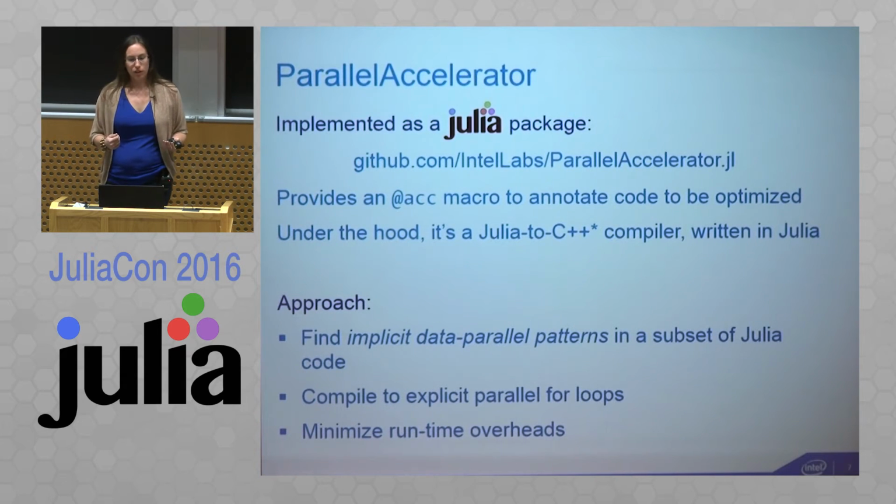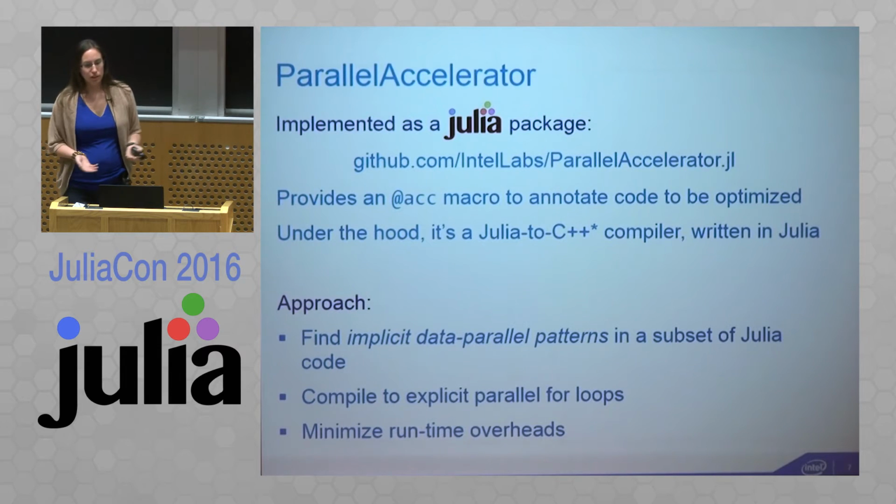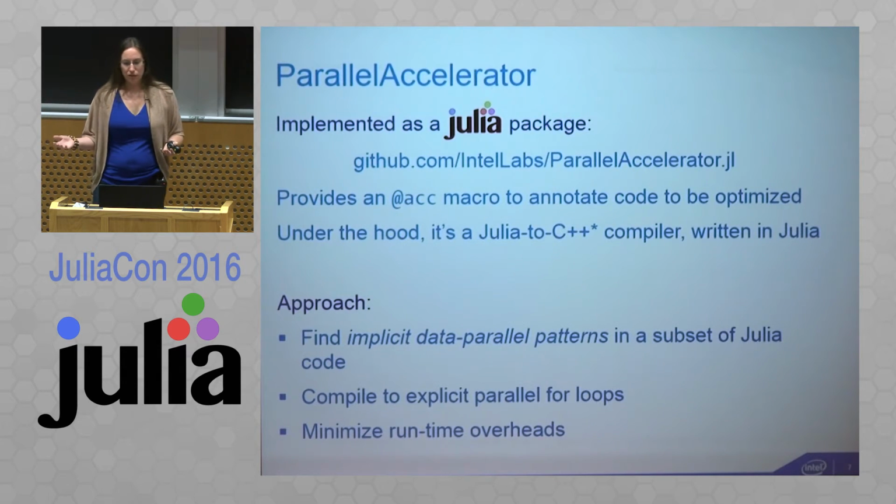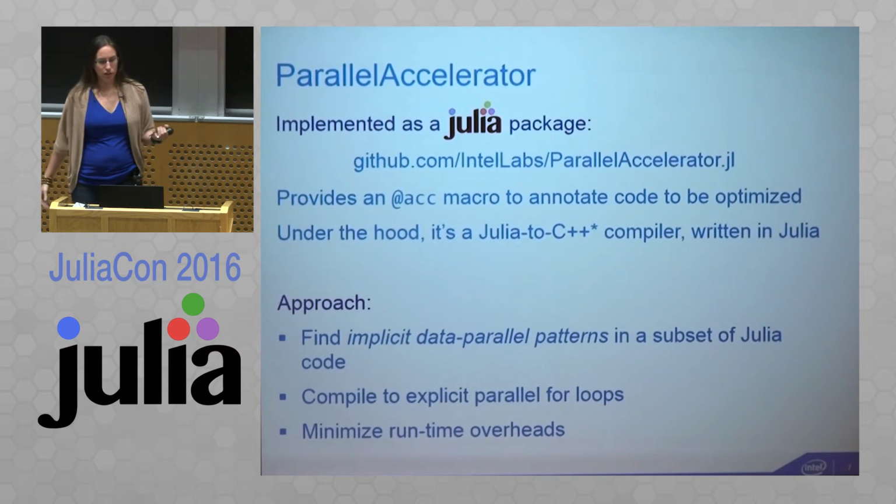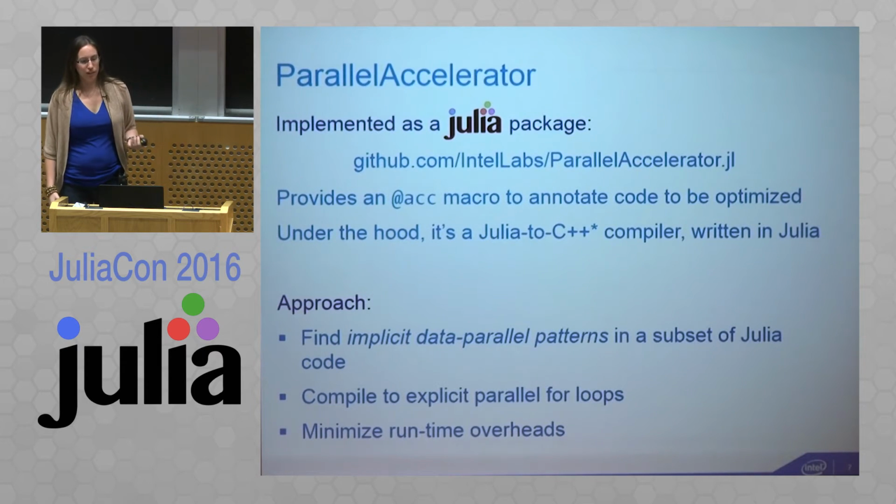ParallelAccelerator compiles those annotated functions to C++, and then it hands them off to an external C++ compiler, which could be GCC or ICC. And then that'll compile a native library. And finally, on the Julia side, we generate a function that calls into that native library. And we replace your calls to the ACC annotated function with calls to that proxy function.